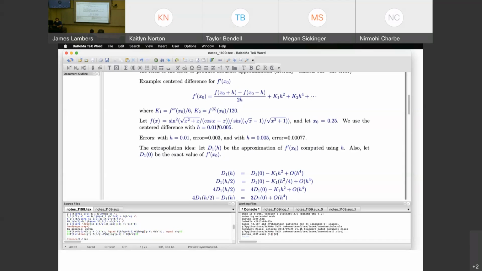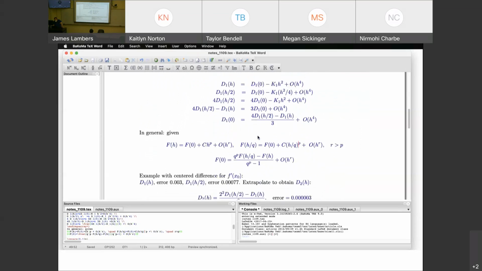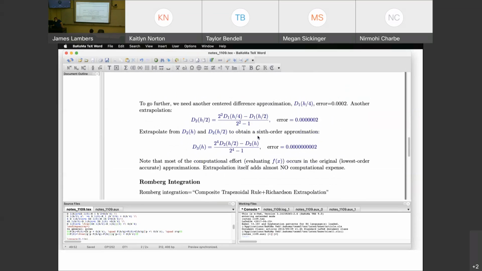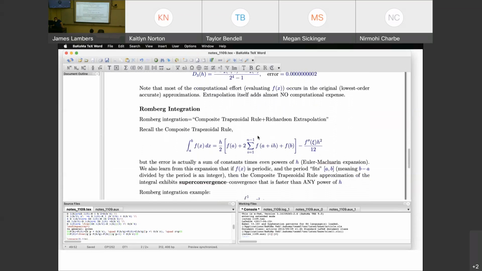So if we approximate an integral using a composite rule, like a composite trapezoidal rule, and then perform extrapolation on that, then this can work, but again, it depends on how differentiable the function is. So this leads to a technique called Romberg integration.